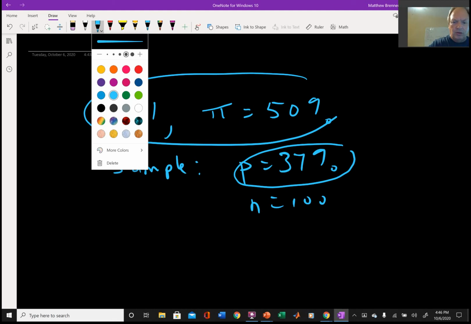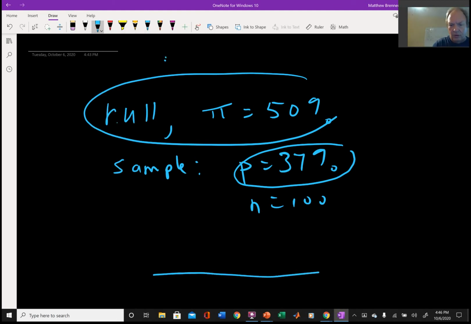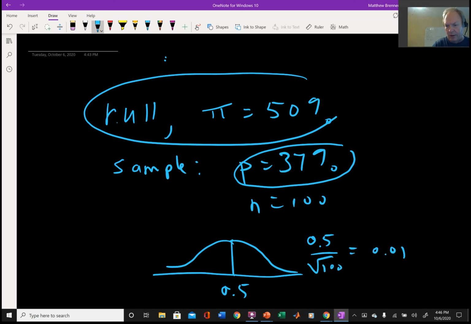Okay. So what we know here is that sample percentages would come from a distribution where the mean was 0.5 and the standard deviation was 0.5 divided by the square root of n, which is going to be 0.05. Okay?